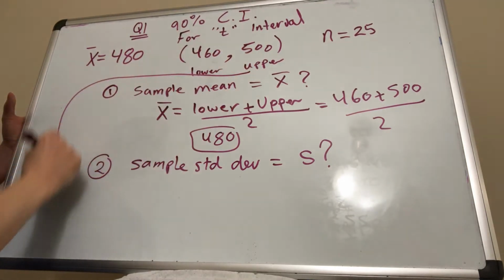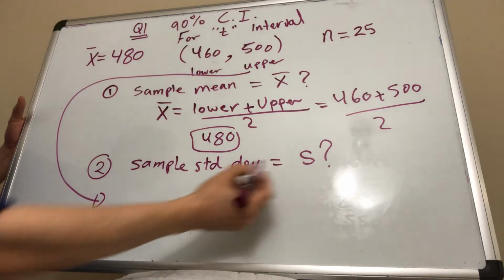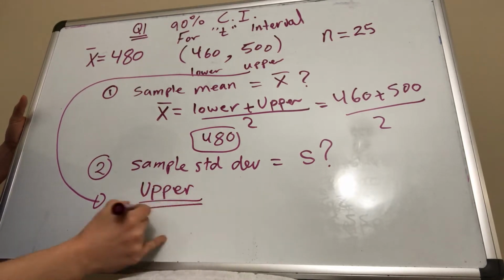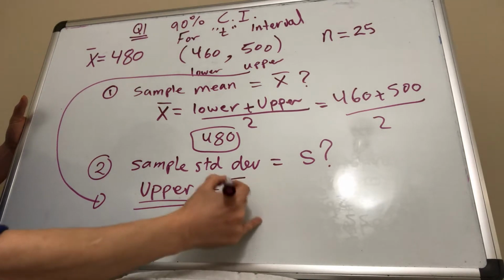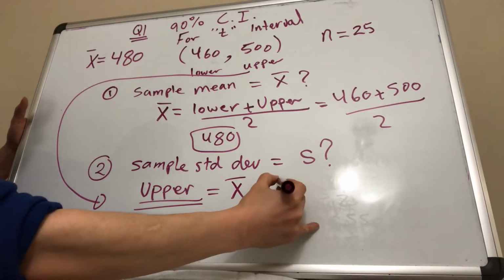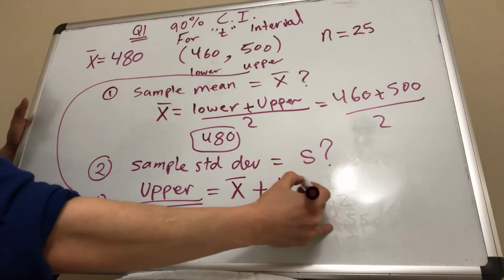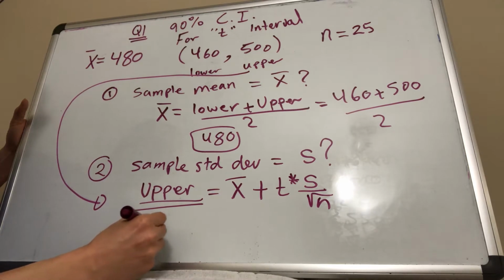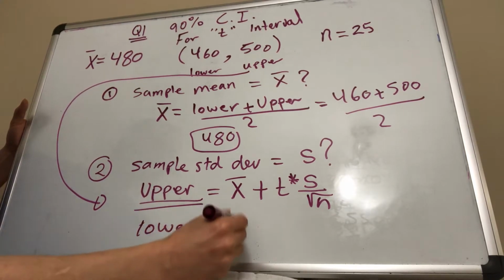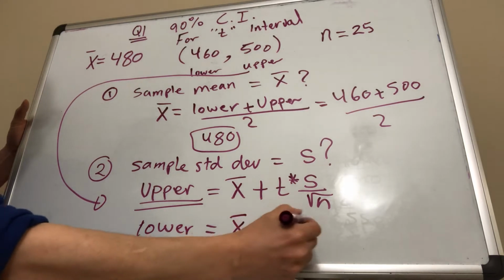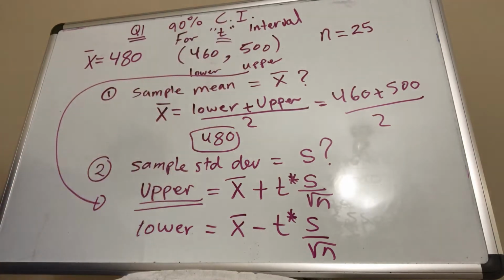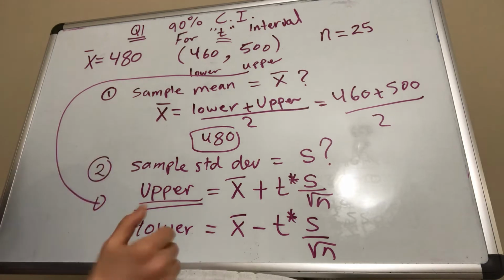If you choose to work with the upper point, figuring out S, the upper point would be x bar plus t star S over square root of n. If you choose to do the lower point, it would be the same formula but minus. And why am I using t? Because they're telling me here that it's a t interval.